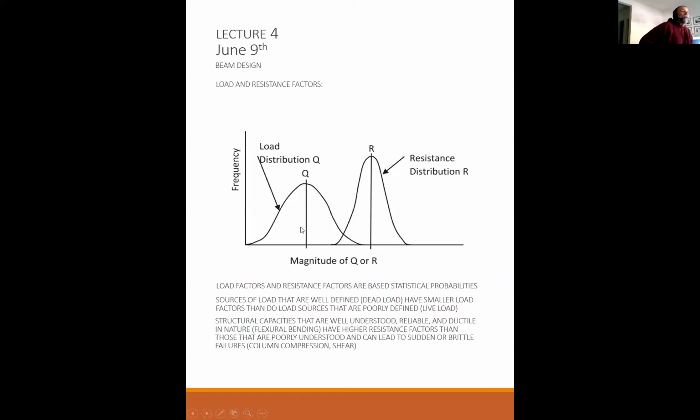And like we said, it's very unlikely that you're going to misjudge the dead load of a building by even 150%. But it could be likely that you misjudge the live load on your building by 150%.